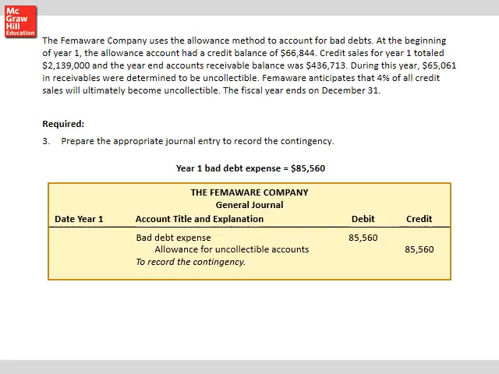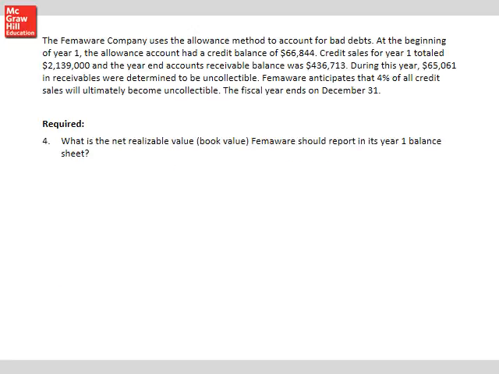Because we use that when we use the aging of accounts receivable method. We are using the total credit sales method to estimate our bad debt, and so those are two different methods. If we had used the aging of accounts receivable method, we would have used the credit balance in this to help figure that, but we did not.